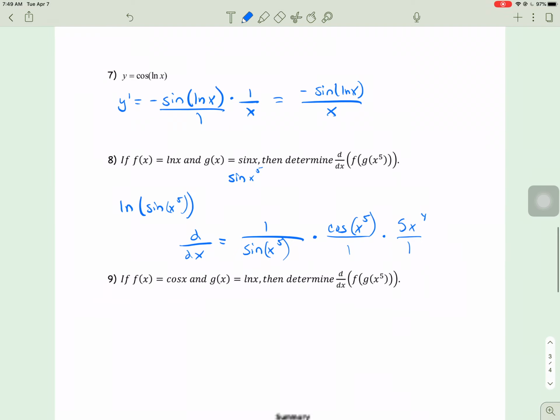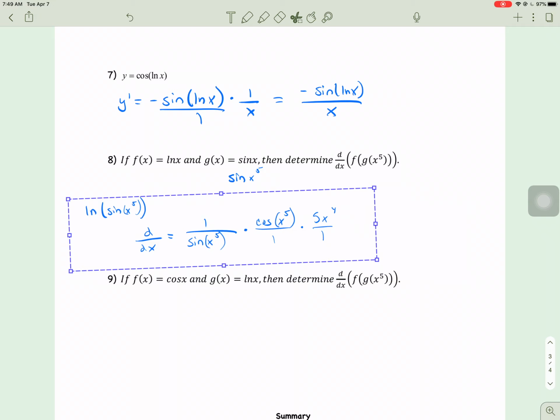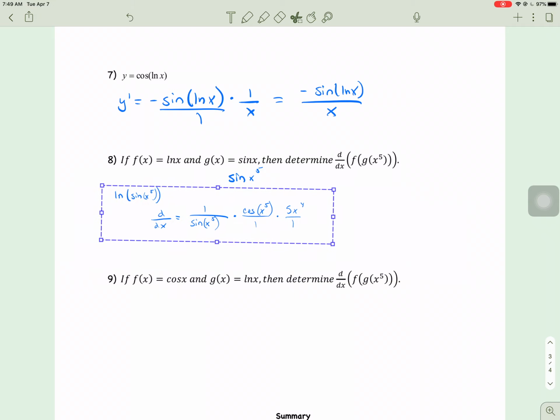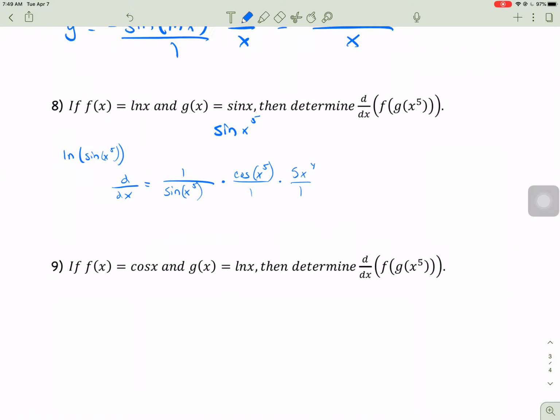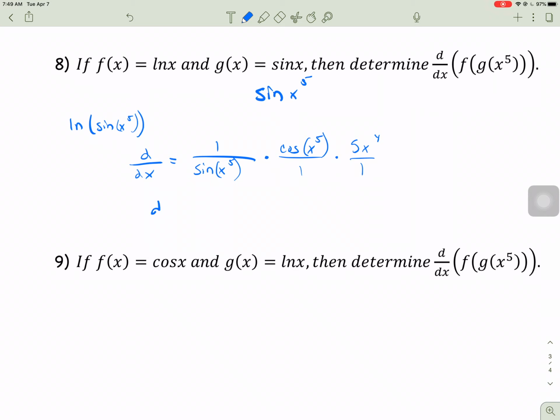Which gives me as a final answer, I'll just write everything in the numerator: 5x to the 4th cosine x to the 5th over sine x to the 5th.